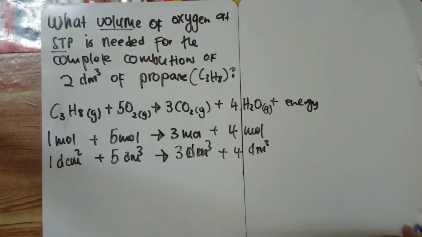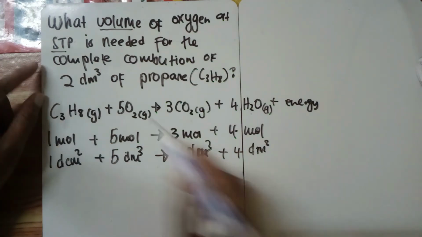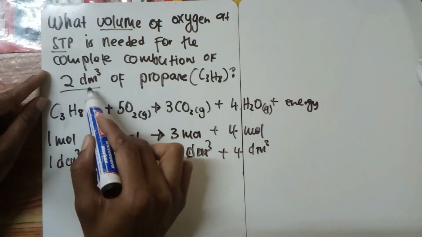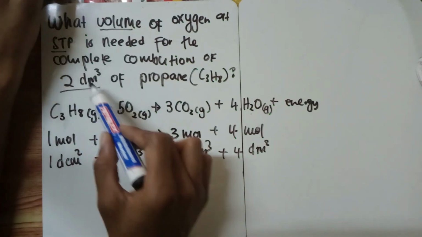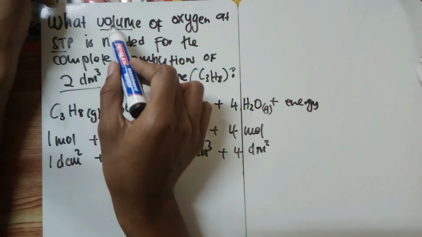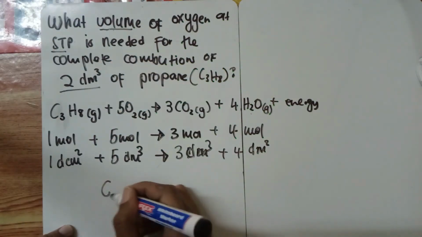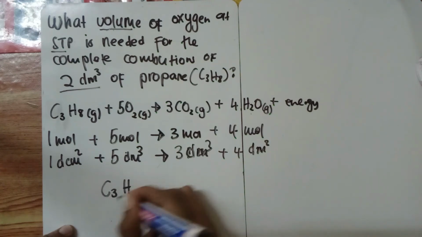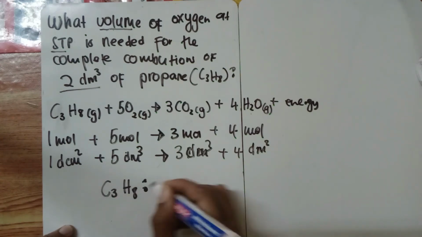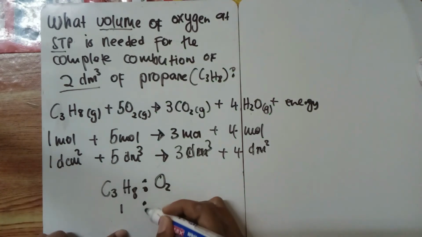Cool. So they've given us the volume for propane, which is 2 cubic decimeters, and they want us to find the volume of oxygen. So we will say the ratio of propane, C3H8, to oxygen, O2, is 1:5.